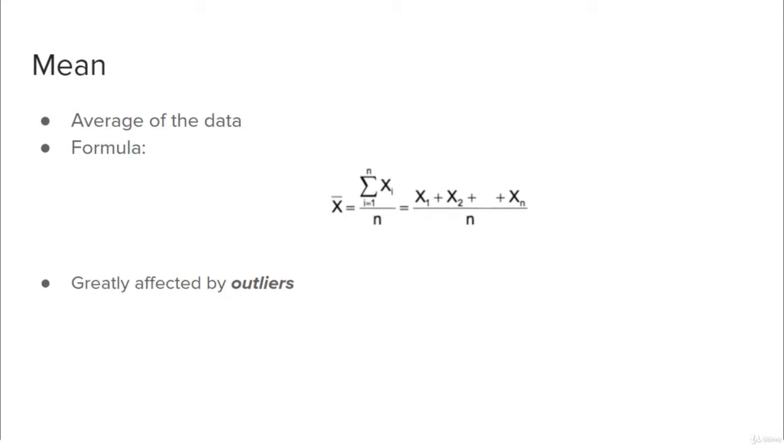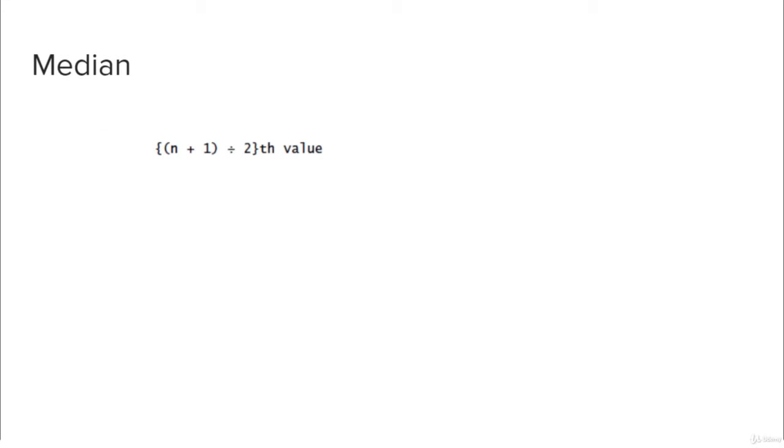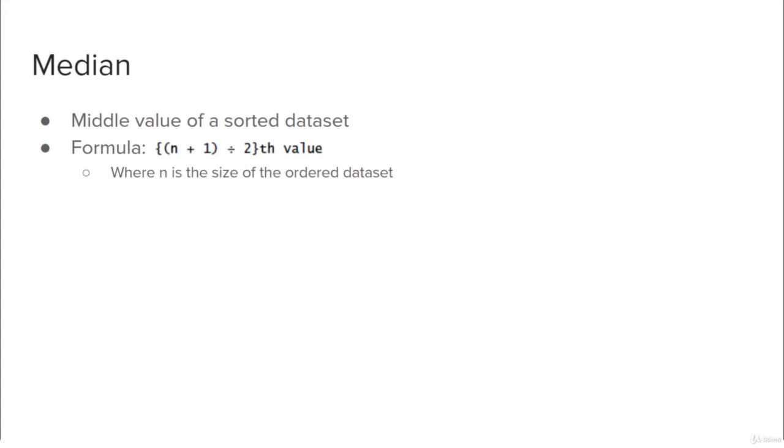We need another method. For that, median comes to the rescue, and it tells us the middle value of a sorted data set. This is the formula, and n is the size of the ordered data set. There are 2 rules to follow whenever we are using the formula.